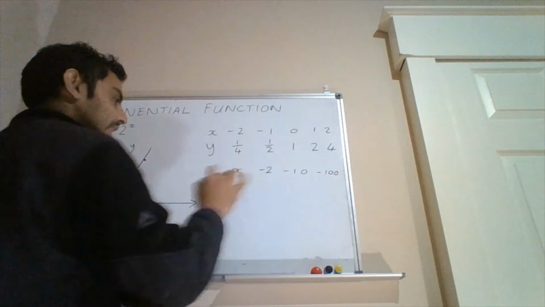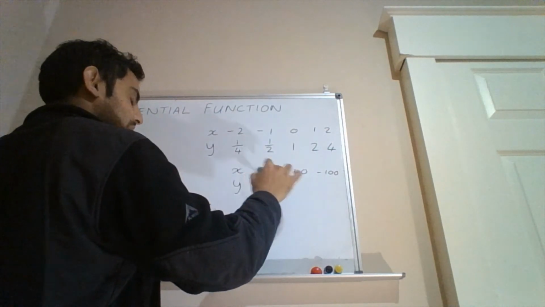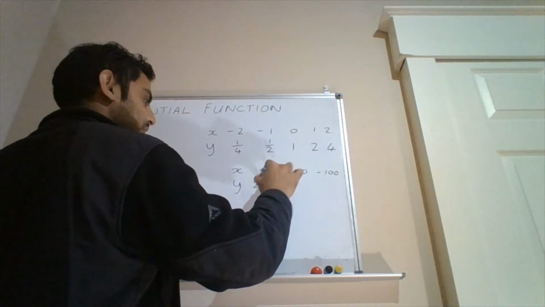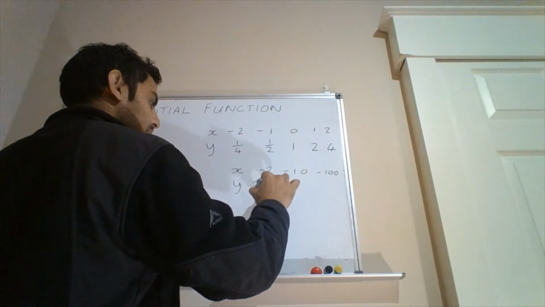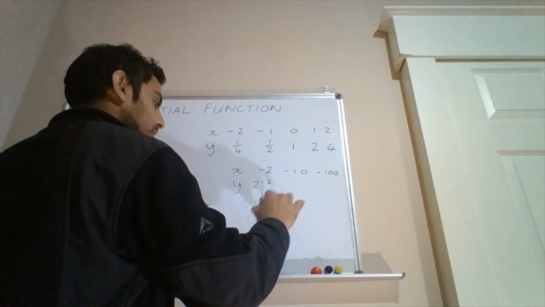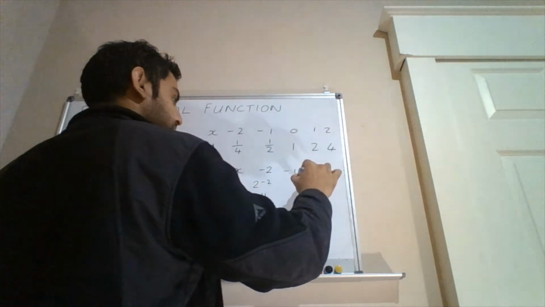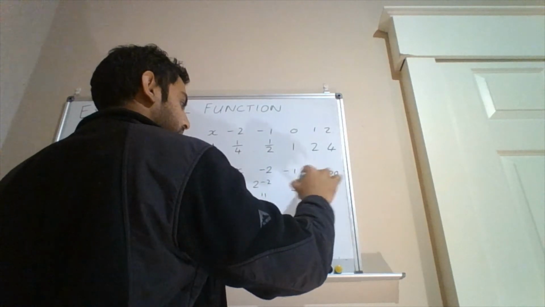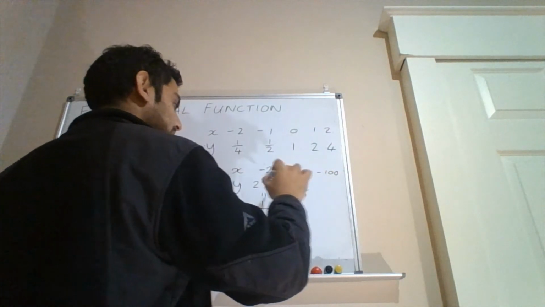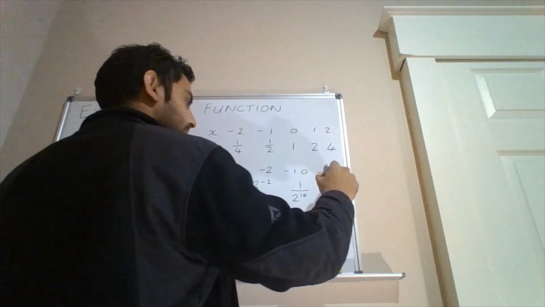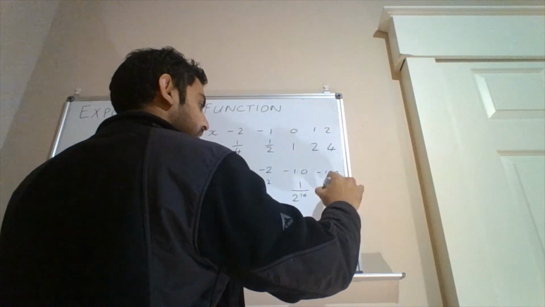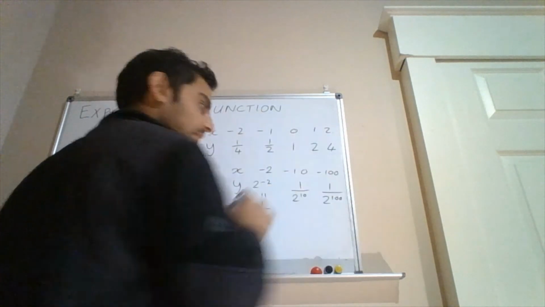So x is getting more and more negative. Let's look at our y values. We have 2 to the -2, which equals 1 over 4. If we substitute -10, we get 1 over 2 to the power of 10. And if we substitute -100, it's 1 over 2 to the power of 100.